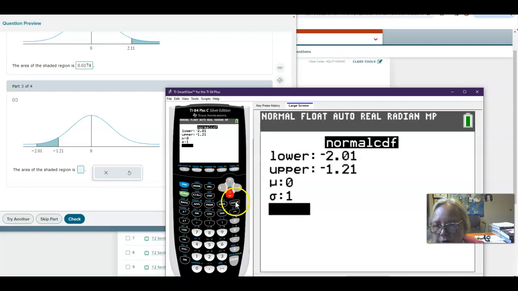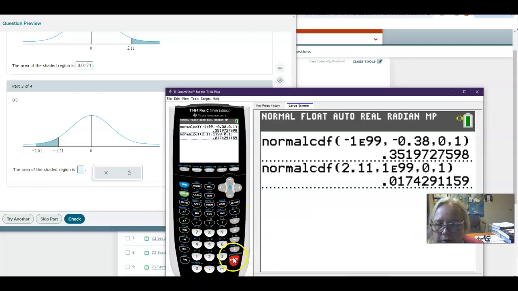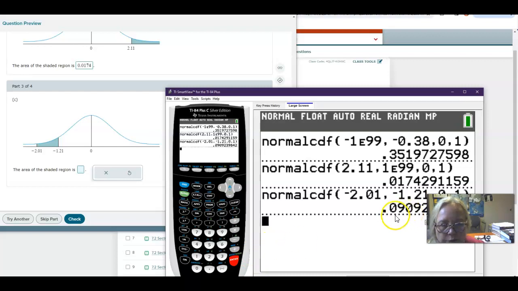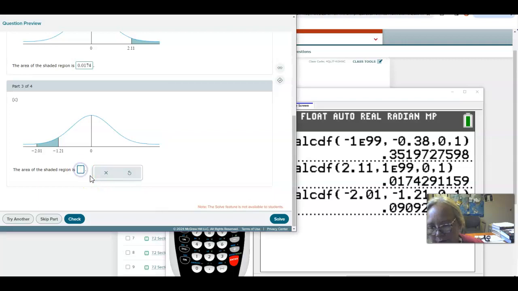Still working on number 2, the area will be 0.0909. So we enter it here and check the answer.